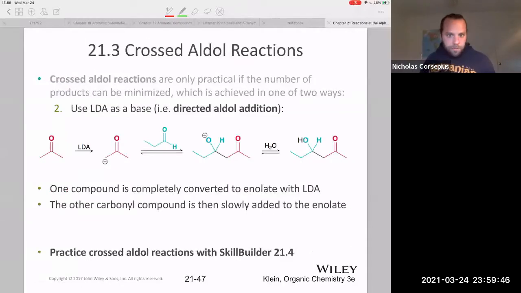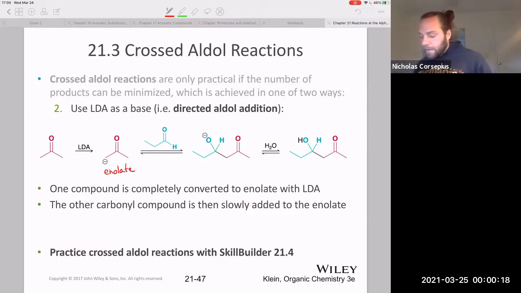However, that's only going to work in very special case scenarios. So the other thing that we can do, and this was the whole shtick about the LDA and the NaH we're going to see later on playing a similar role, is that we can use LDA, which has the ability to convert 100% of an aldehyde or ketone into an enolate. So first we take one of those two aldehydes or ketones and treat it with LDA. We've got a sample that's 100% enolate ion now.